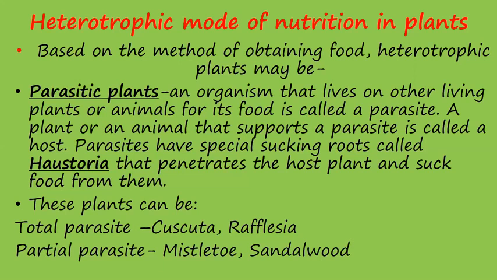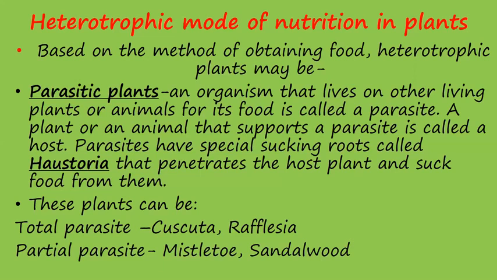Now, the parasitic plants can be a total parasite or a partial parasite. Total parasites are those plants which depend solely on the host plant for their food. The examples are Cuscuta and Rafflesia.